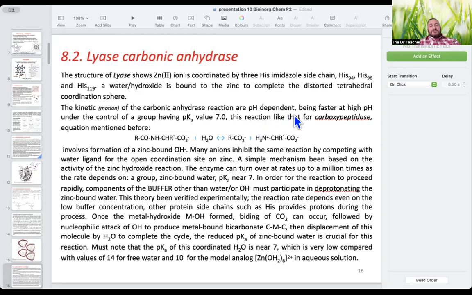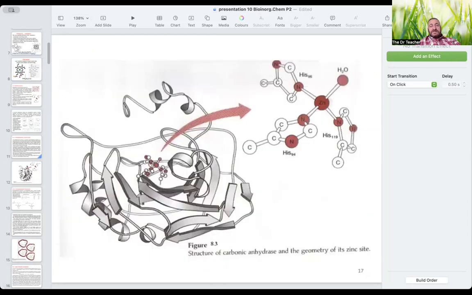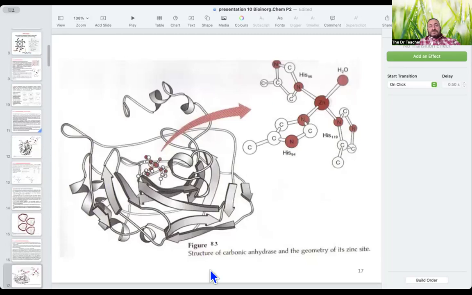This reaction is like that for carboxypeptidase, with the equation mentioned here, and the rest you can study. I'm just giving the basics of what we are coming to discuss. These were obtained from scientific journals. This is the carbonic anhydrase.